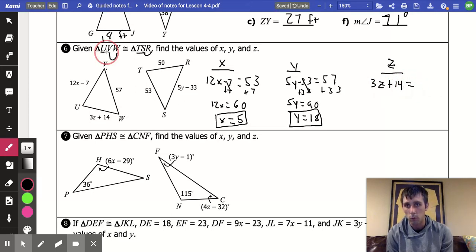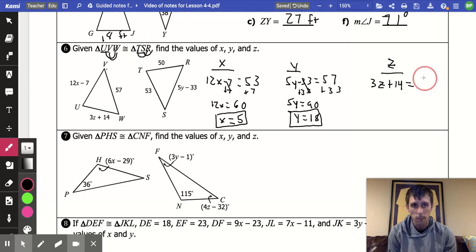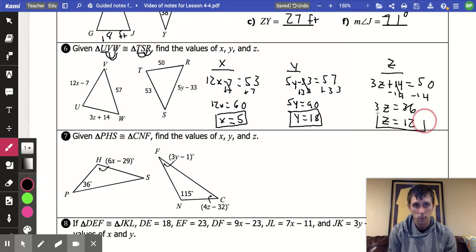UW, so U all the way to W is first and the third. So I need T to R. T to R is 50. So subtract 14. 3z equals 36. Divide, and z equals 12. And there's your answer.